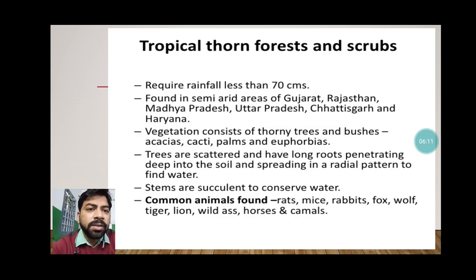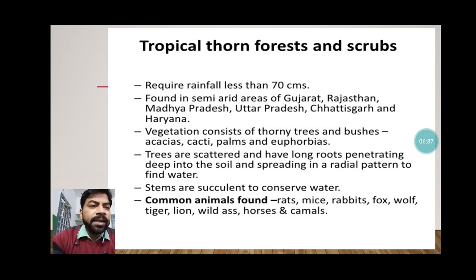It requires rainfall less than 70 centimeters, and is found in semi-arid areas of Gujarat, Rajasthan, Madhya Pradesh, Uttar Pradesh, Chhattisgarh and Haryana. Vegetation consists of thorny trees and bushes: acacias, cacti, palms and euphorbias.